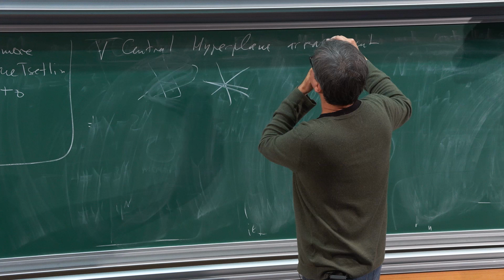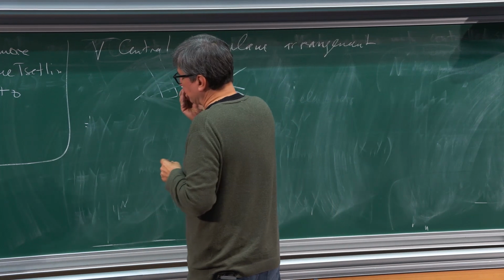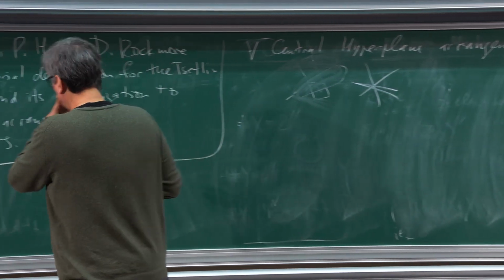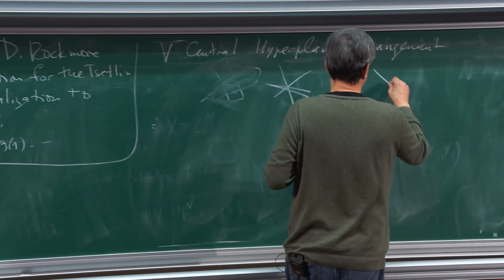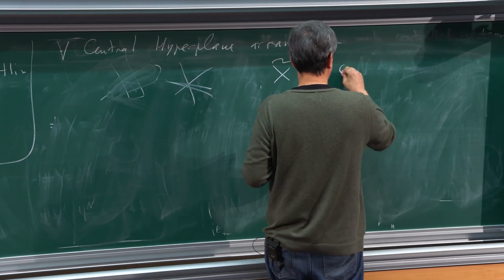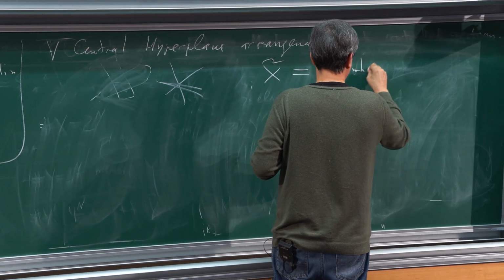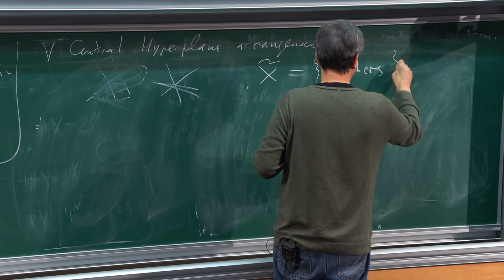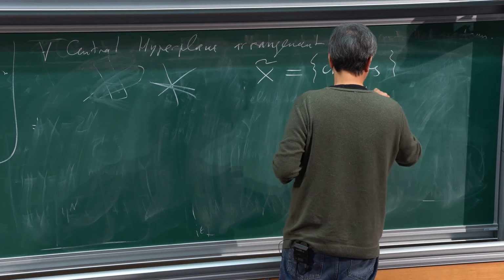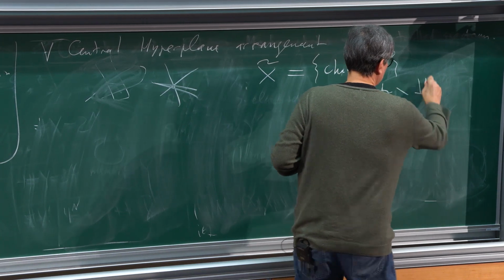Too bad I removed my set. So what will be the set x tilde? X tilde will be the set of chambers. These are the connected components of a vector space minus the union of hyperplanes.